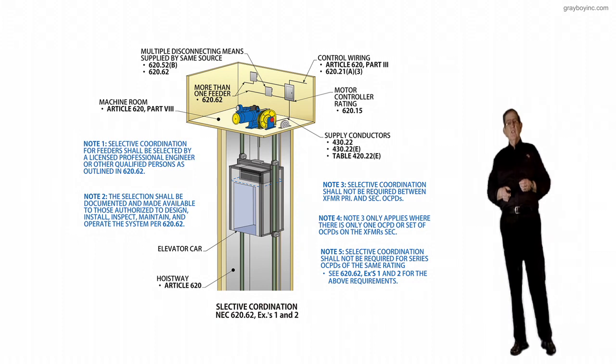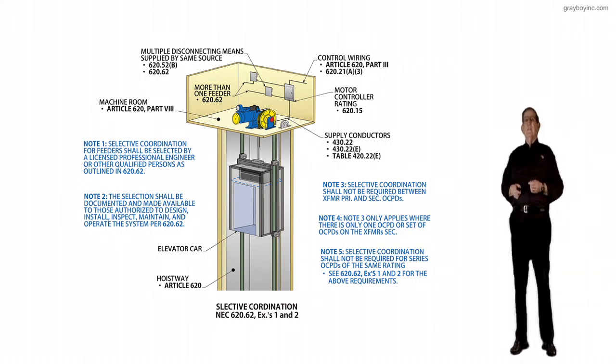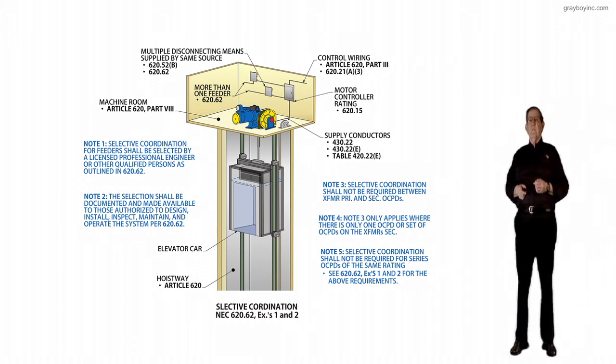So some states, counties, or cities will amend this section, and they only allow a licensed professional engineer to do that. And engineers know this, but if they read the code carefully, in some instances they may design the system and they're done.